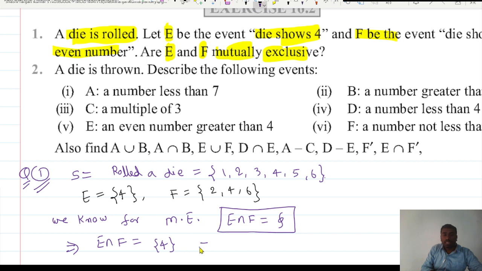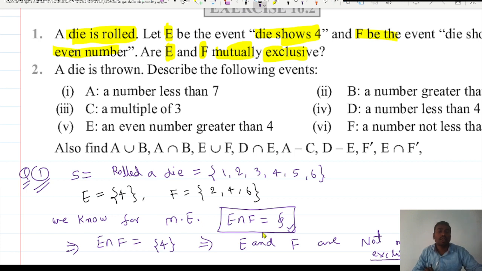This clearly shows that E and F are not mutually exclusive, because their intersection is not empty.